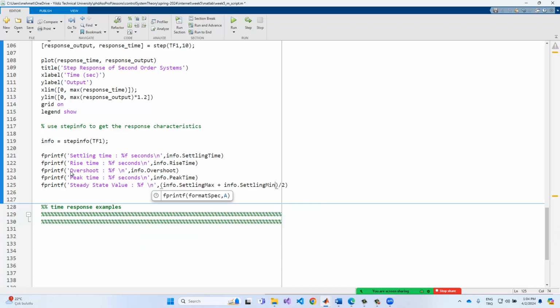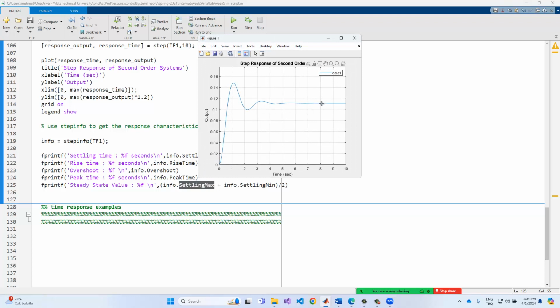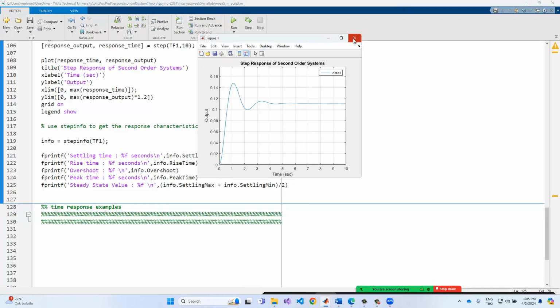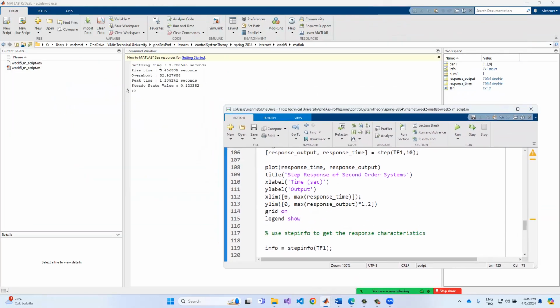This is the value of these terms, because at the settling time we reach 98% of the final value. So if we use the settling max value and settling min value, we can take an average of the settling max and min values by dividing by 2, and this yields the steady state value of our system, just like this one.